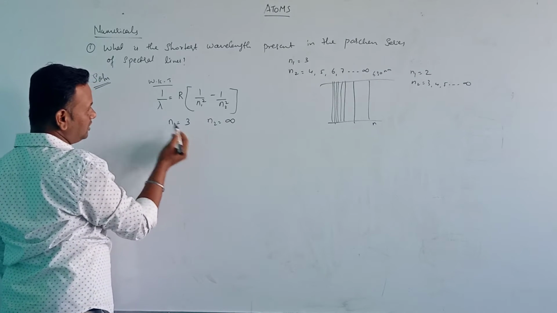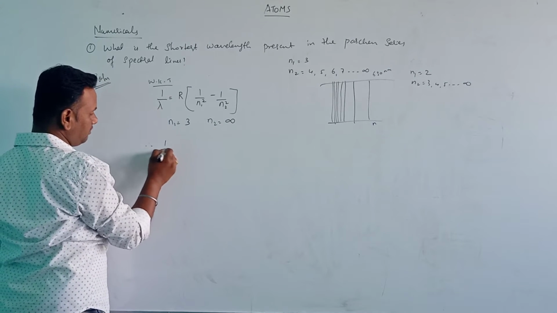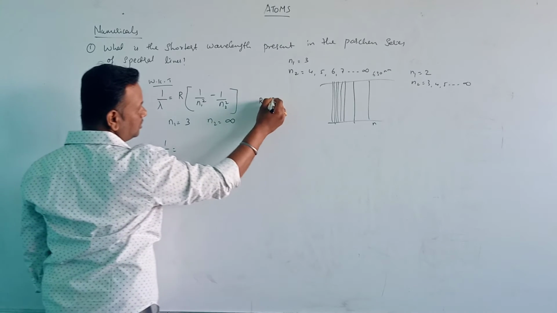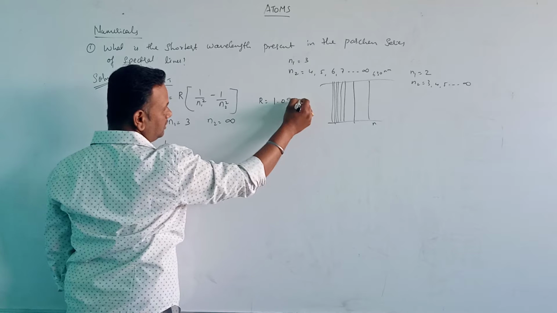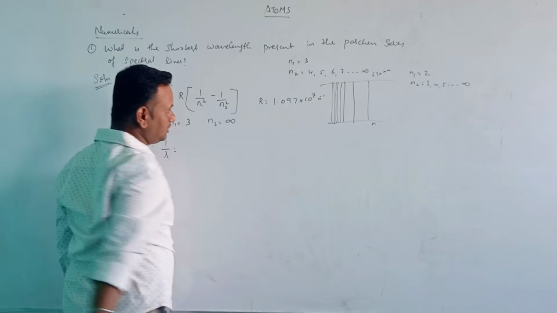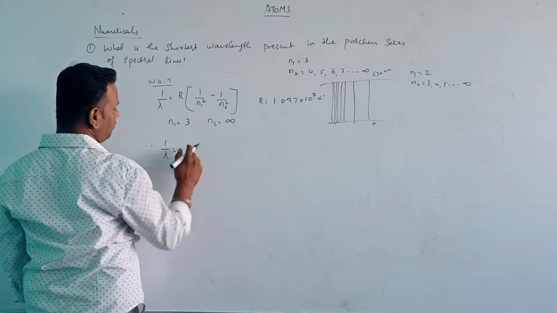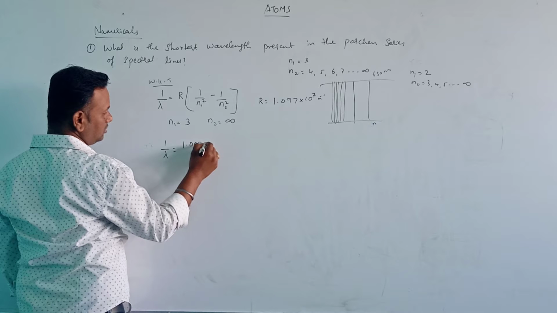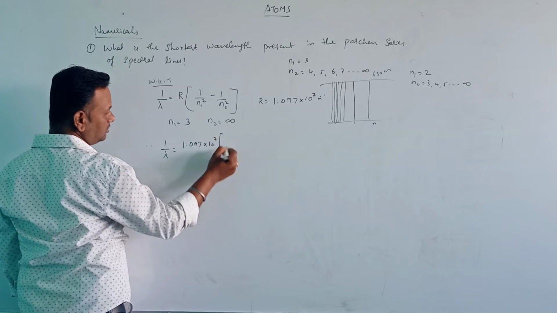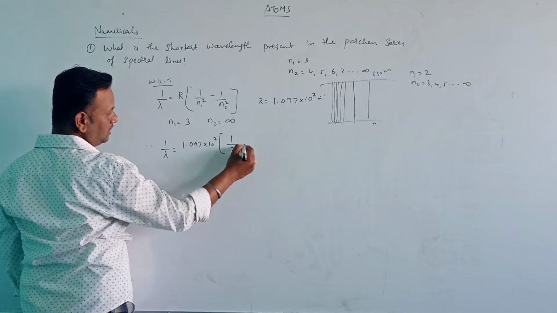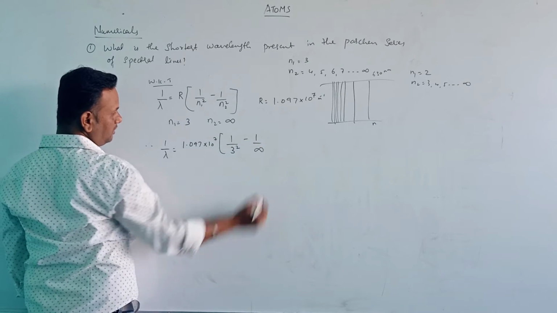so we are using n2 is equal to infinity and n1 is equal to 3. Therefore 1 by lambda is equal to R, and you should remember the R value is 1.097 into 10 to the power of 7 per meter. So 1.097 into 10 to the power of 7 into 1 by 3 square minus 1 by infinity square.